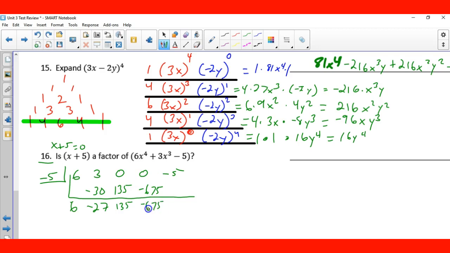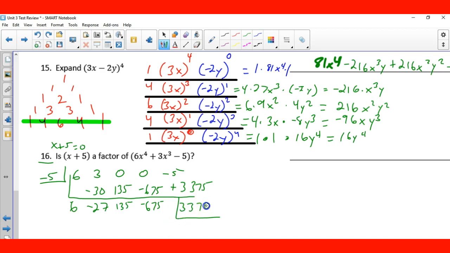And negative 675 times negative 5 is positive 3,375. That minus 5 is 3,370. That's our remainder.